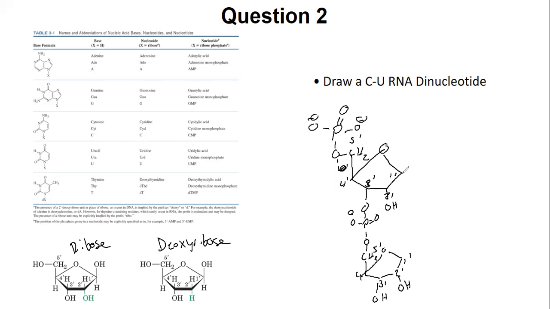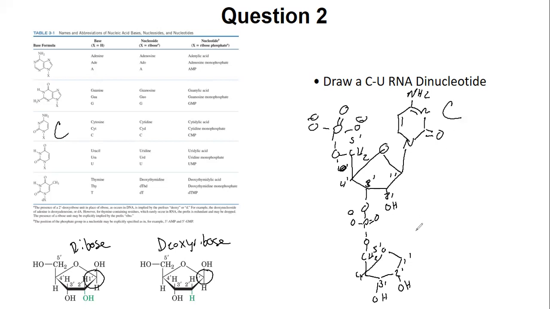The bases are connected to the 1' position. So we start with C. So here's my C. So that's going to be nitrogen. Up here, double bond O, nitrogen, NH2, double bond there, double bond. So that's my C RNA nucleotide.